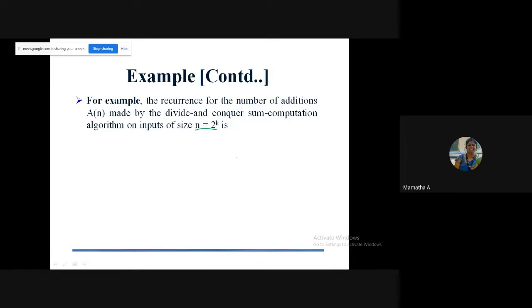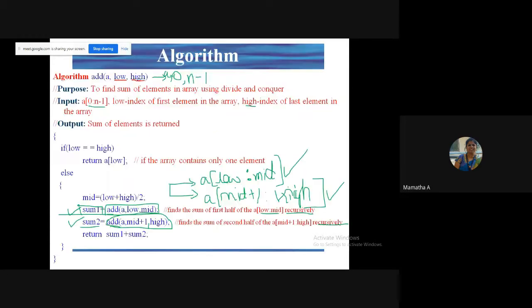Can anybody tell me now, what is the equation for A of n? If I have to go back to my algorithm, to compute A of n. What is A of n? Number of additions made to compute the sum of n numbers, isn't it?